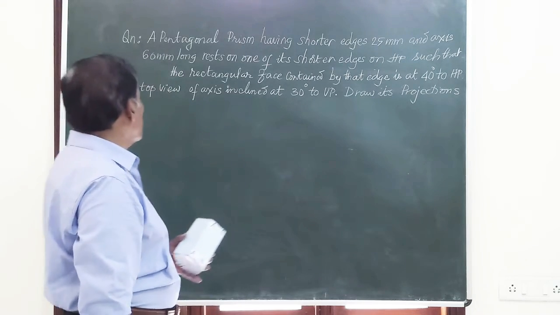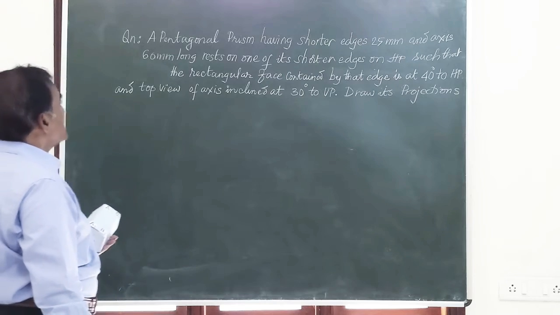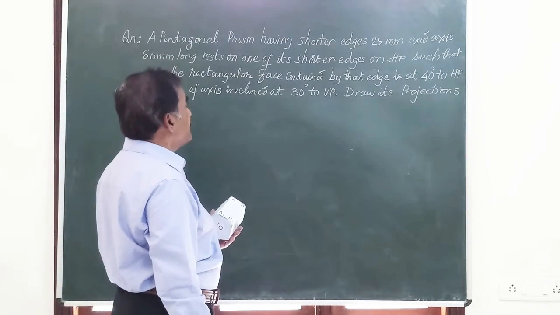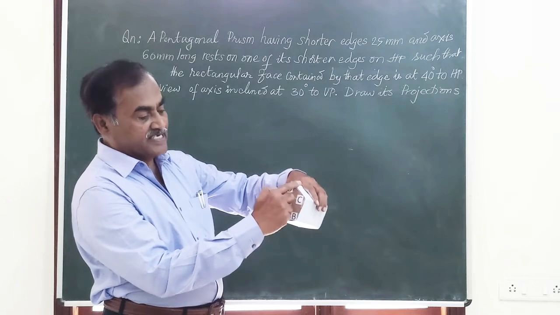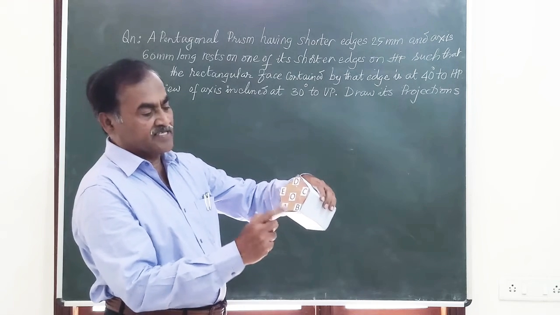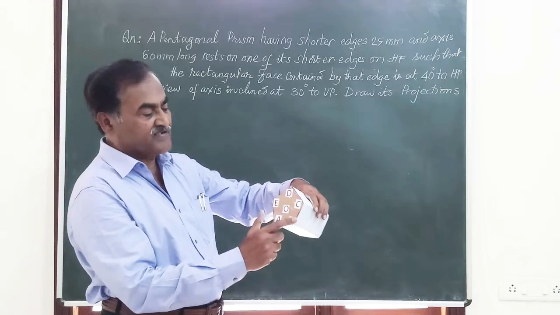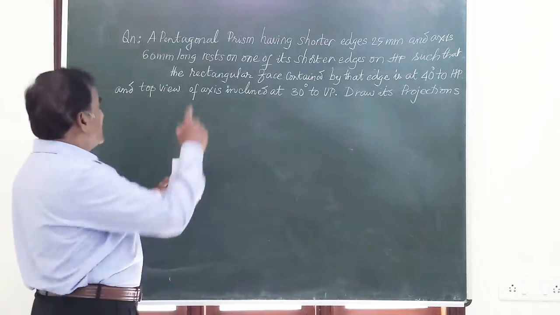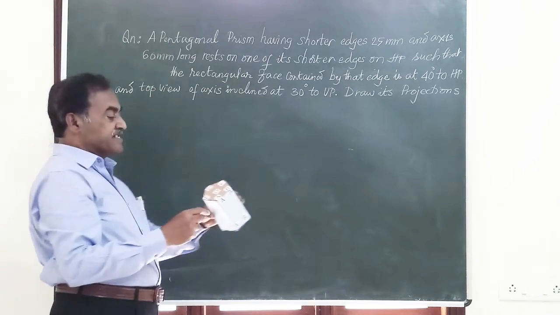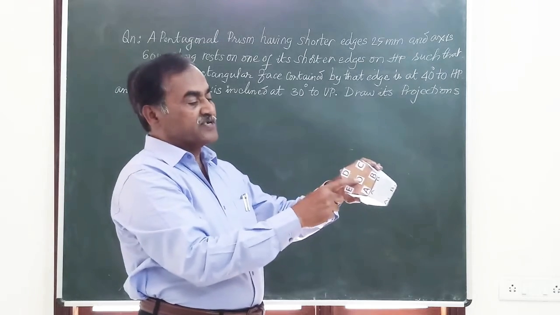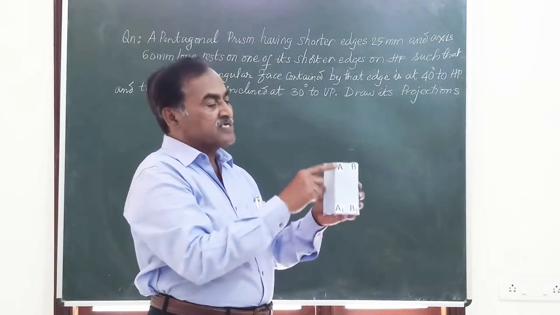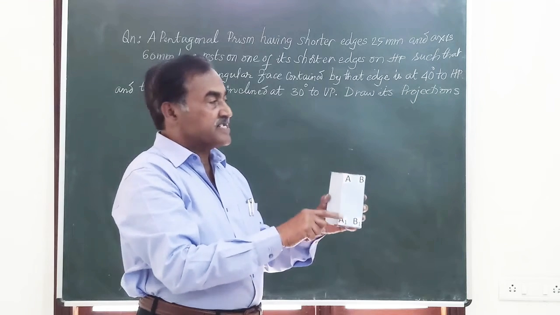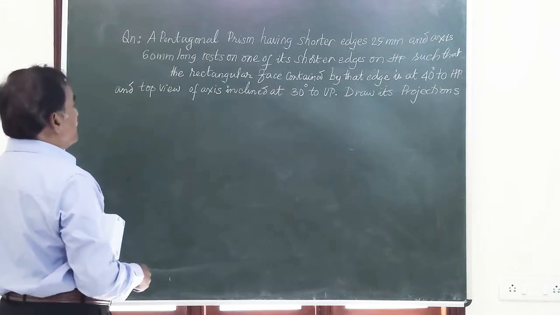The question runs like this: a pentagonal prism having shorter edges 25 mm, that is, short edge means AB or BC, CD, DE or EA. There are 5 shorter edges for the bottom face, 5 for the top face, and it has a length of 60 mm from O, the center of the top face, till O1, the center of the bottom face, or the length of this longer edge measures 60 mm.